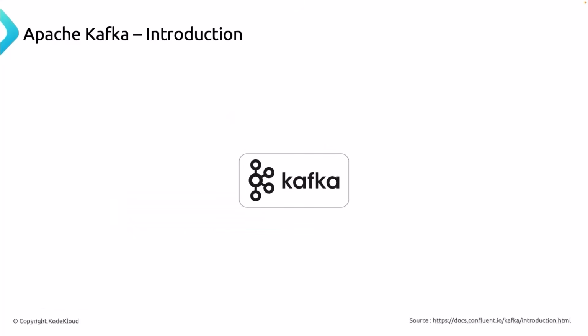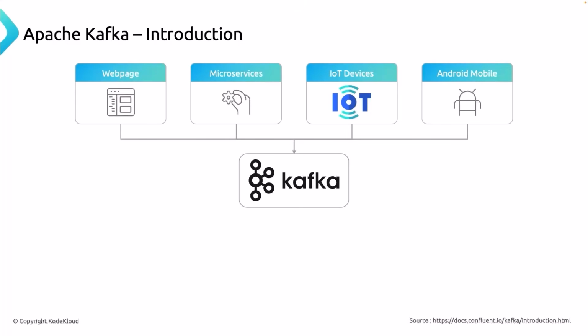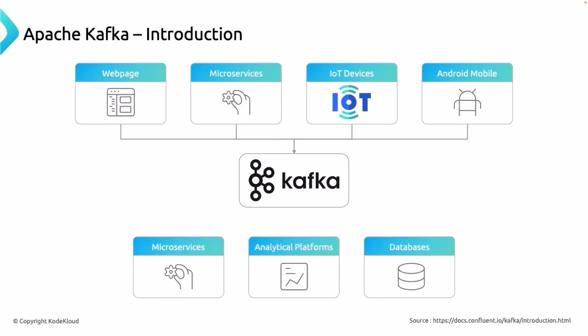So we have Apache Kafka, and then we have a lot of services that produce or write data to Apache Kafka. Once the data is in Apache Kafka, we have other services that are able to consume this data from Apache Kafka.